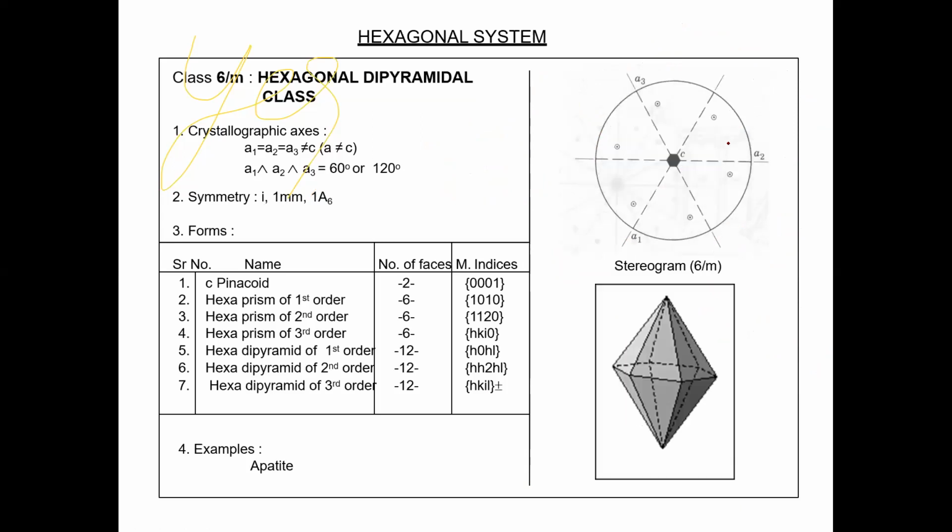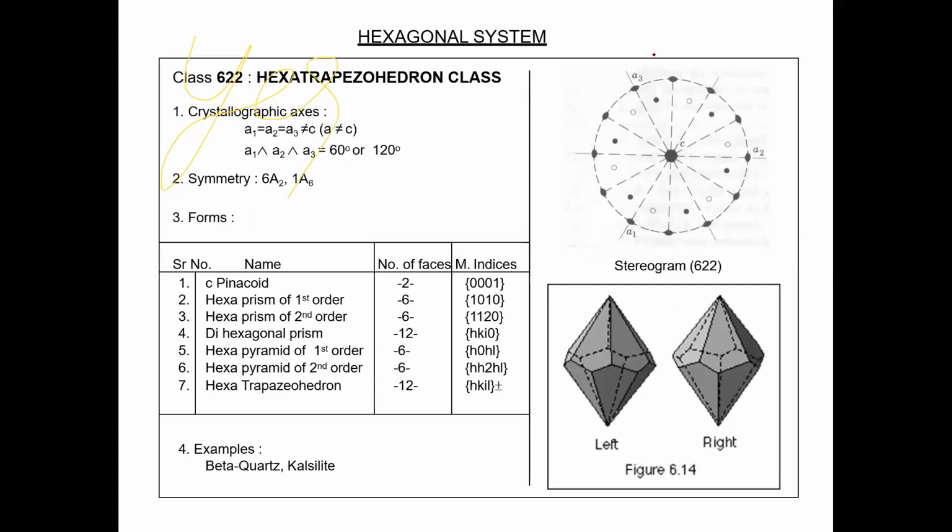Here it is. If I ask you the question here, simple, it is hexagonal dipyramid. Number of faces present here. Yes, it will be there. Since we are not getting time to upload it, we have not uploaded, but you will be receiving it soon.